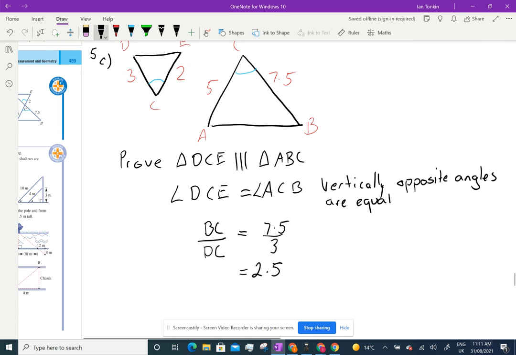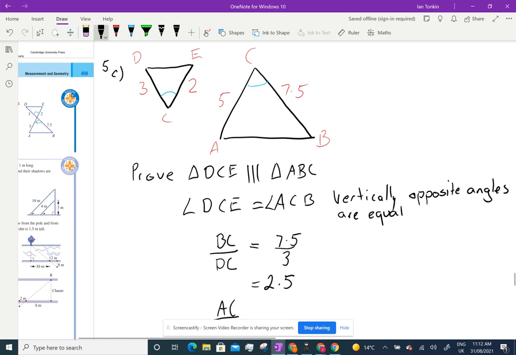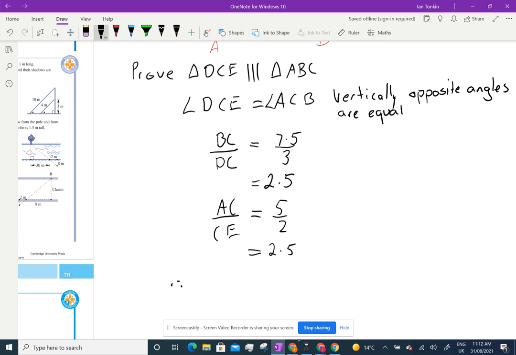And the shorter sides, AC over the shorter side CE, equals 5 over 2, which I know equals 2.5. Therefore, triangle DCE is similar to triangle ABC.